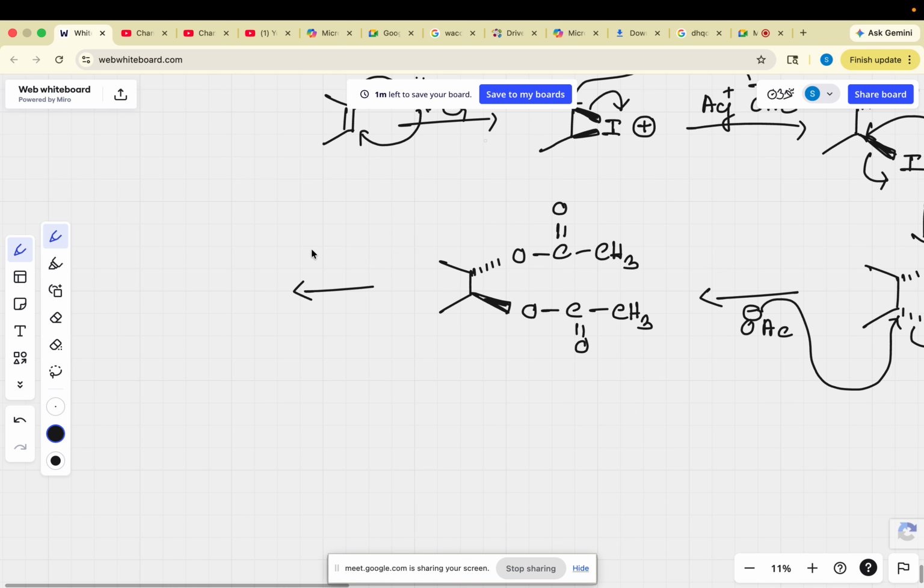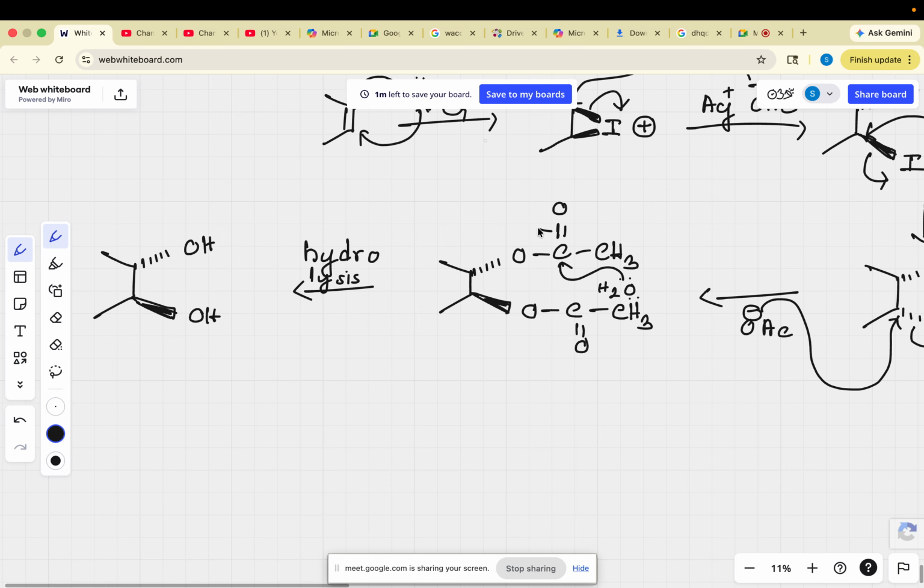Now if you do hydrolysis, this is not part of the reagent. Hydrolysis is a different step, so definitely water is coming. If you do hydrolysis of ester, what will you get? You will get alcohol. How? Suppose water is there. Water is attacking on this carbonyl carbon.